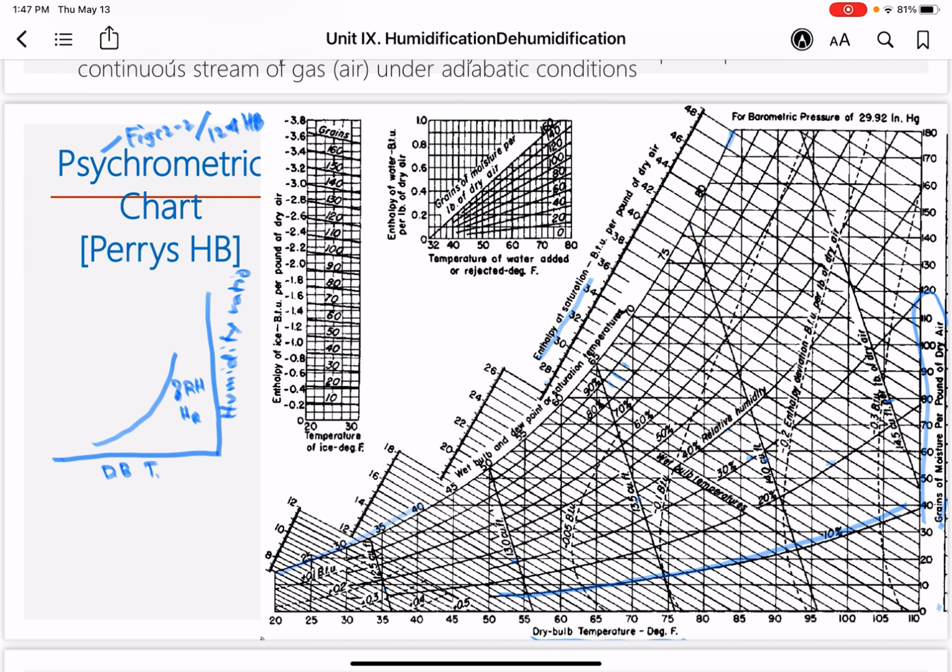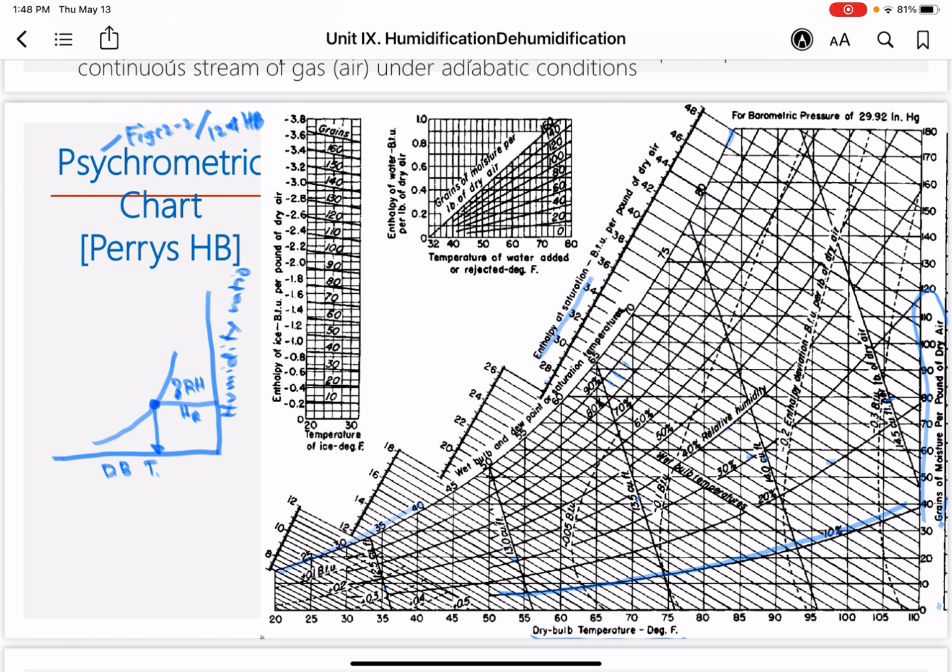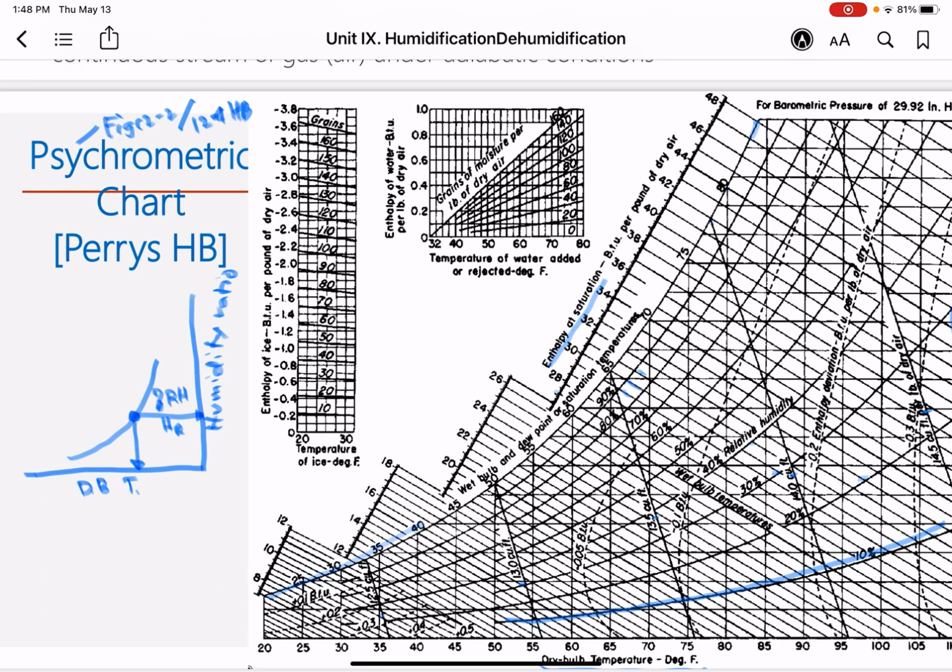Now, if I choose this point, assuming ito yung point na gusto ko, if I draw a vertical line, I get its dry bulb temperature. If I do the horizontal line here, I get the humidity ratio, or this is the amount of moisture per kilogram dry air. So ito si relative humidity.